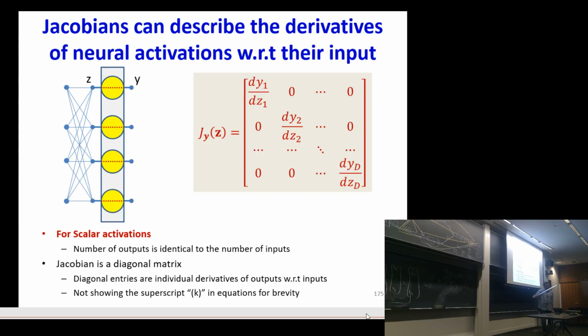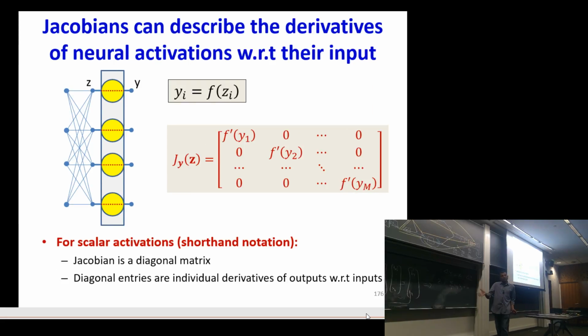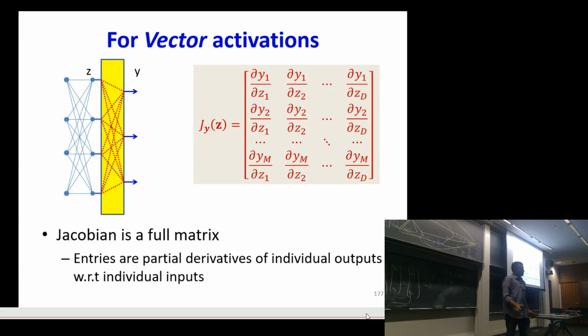So this derivative is going to be a diagonal matrix. The diagonal entries are just the derivatives of the individual activation functions. In the more generic case, it's going to be a full matrix, a bunch of partial derivatives. Everybody get what I'm talking about here? Straightforward, right? I'm just introducing definitions, nothing fancy so far.